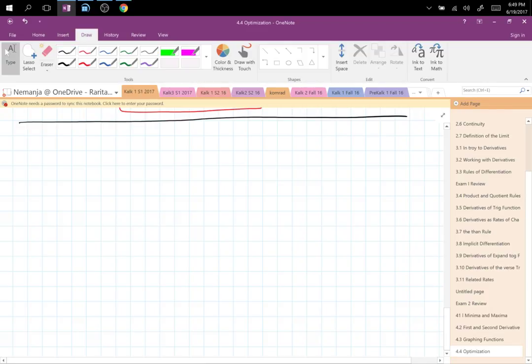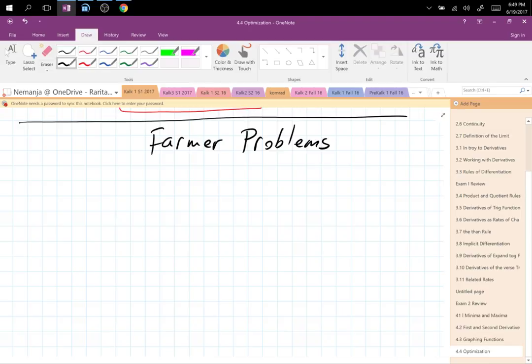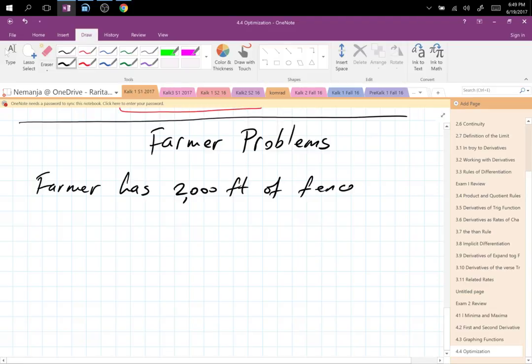So here are some of the favorite problems that show up pretty much all the time. Farmers' problems. We start with, let's say, a farmer has 2,000 feet of fence.